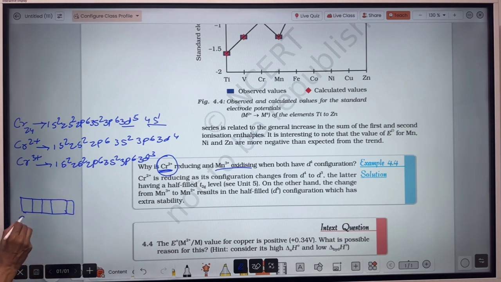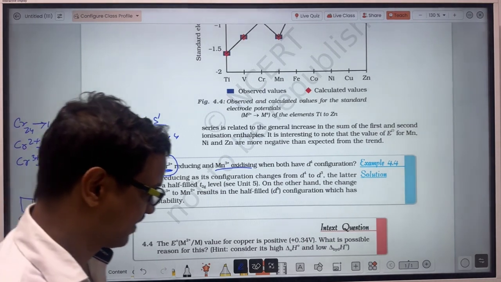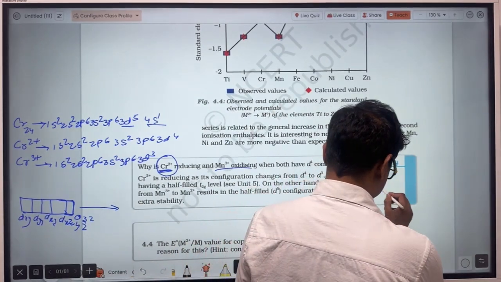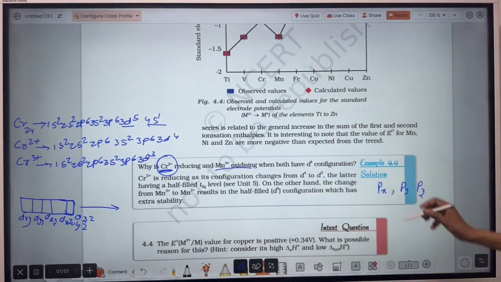What I taught, and the d orbital names are dxy, dyz, dxz, dx square minus y square, and dz square. All the orbitals are degenerate orbitals. That means the orbitals of the same subshell are degenerate. Like in the p orbital, there are px, py and pz. The energy of all these three orbitals will be the same, but their orientation will be different.